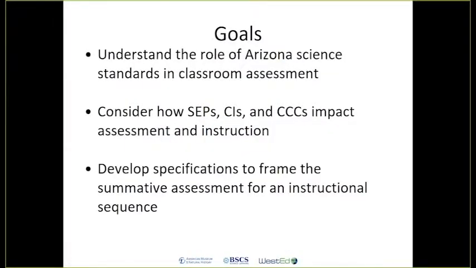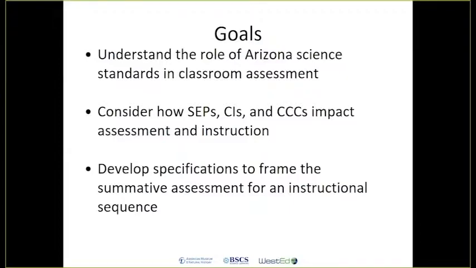So in Tool 2, we are going to start to plan the assessment and the evidence of learning for our unit. So it's kind of taking a backwards design approach where we think about the assessment before the instruction.